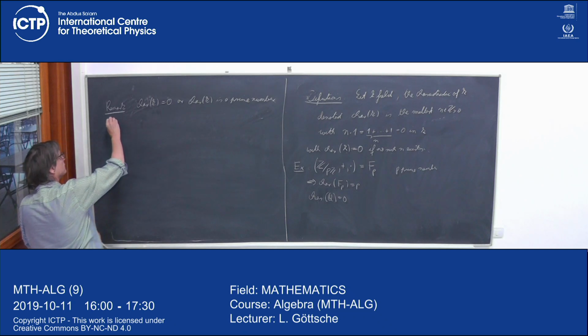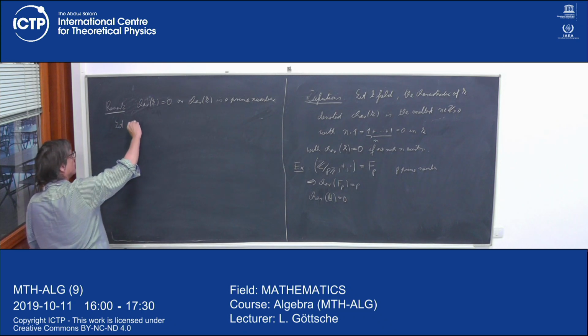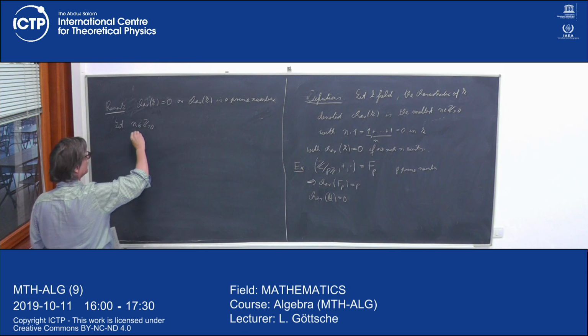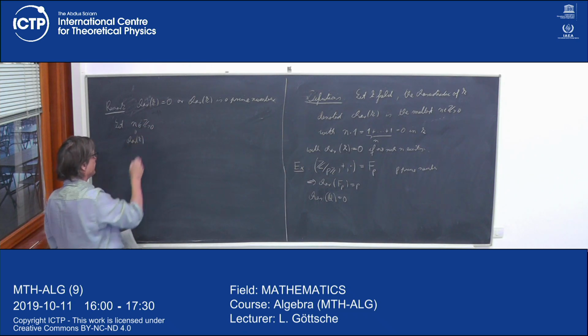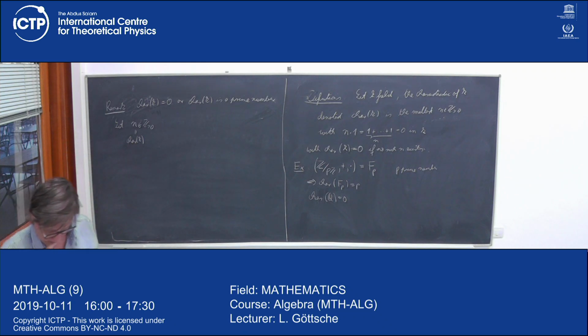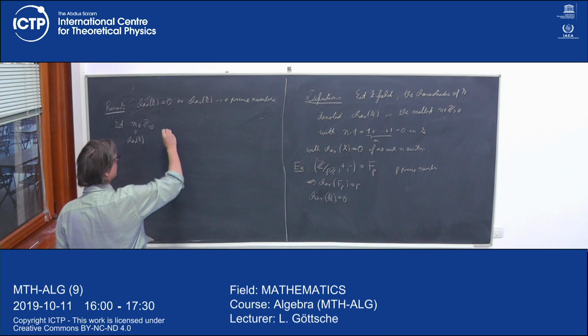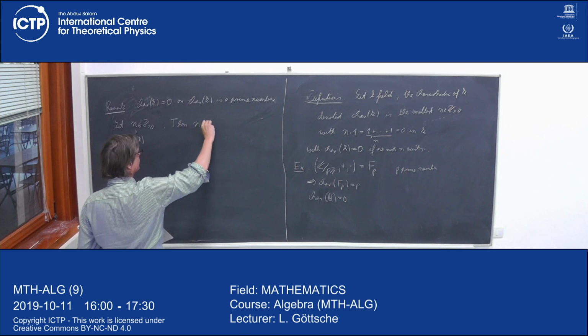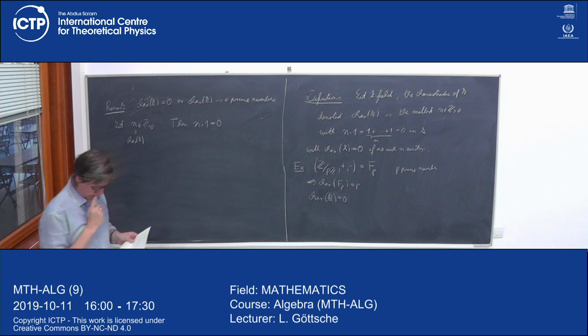So let n be equal to the characteristic of K. We have to see it's a prime number. So then n times 1 is equal to 0.